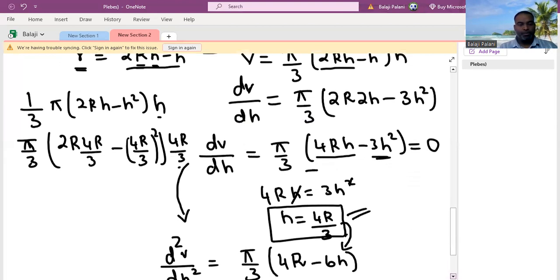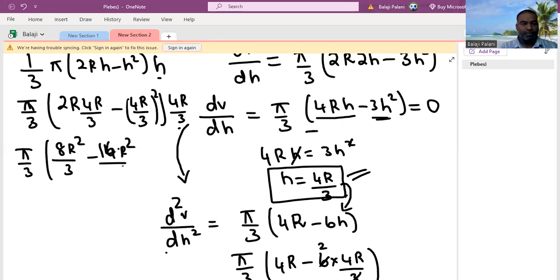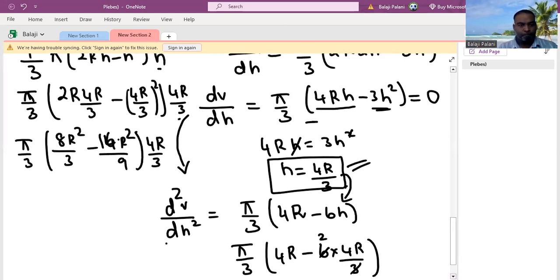All right. So when we're going to simplify this, this changes to pi by 3 (8r square by 3 minus 16r square by 9) times 4r by 3. Hope you can understand this. So we've just squared this and simplified here.